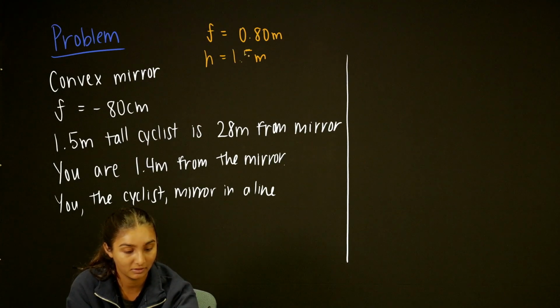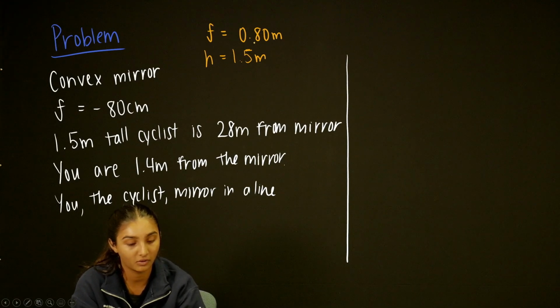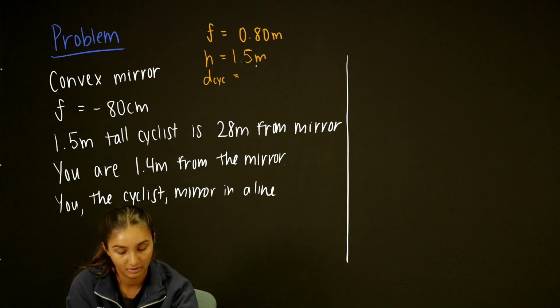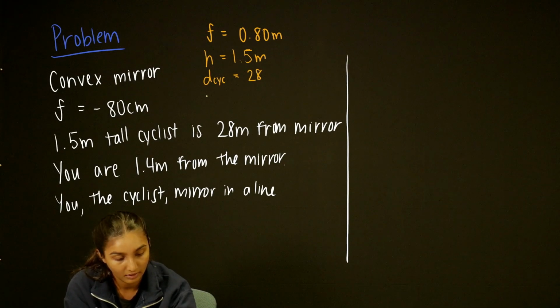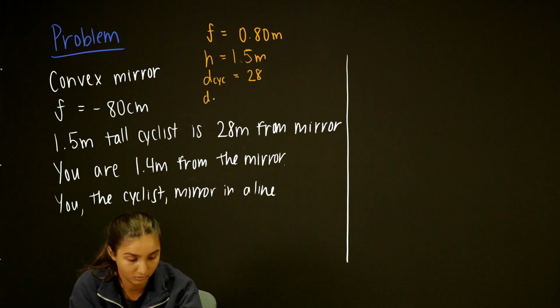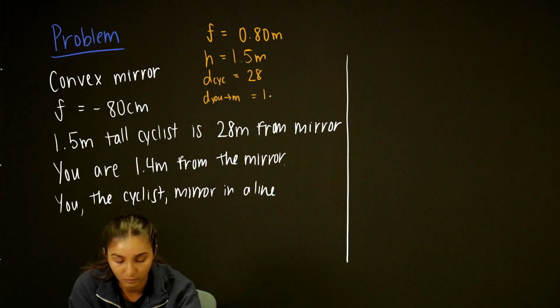We have two distances, so I'm going to define them. The distance of the cyclist is 28 meters, and the distance from the person, or you, to the mirror is 1.4 meters.